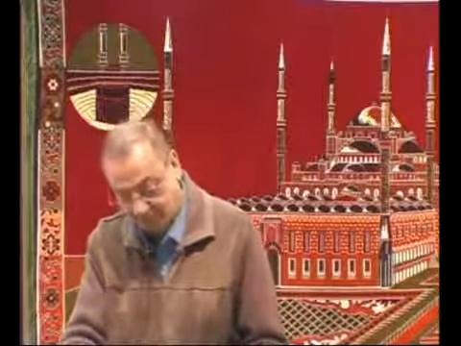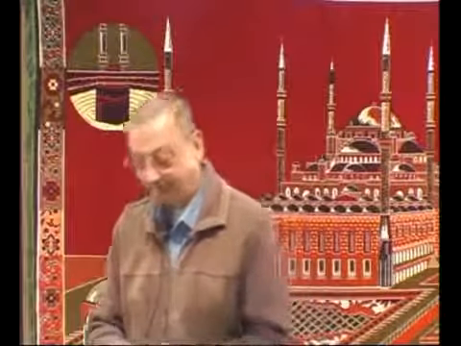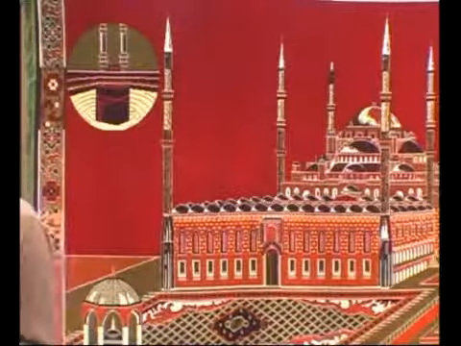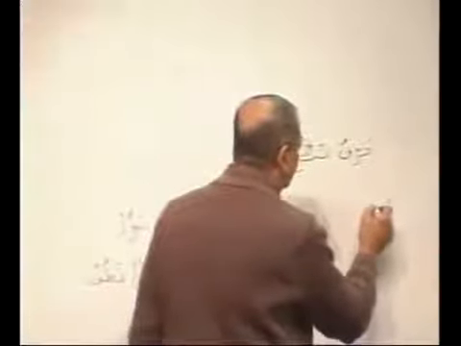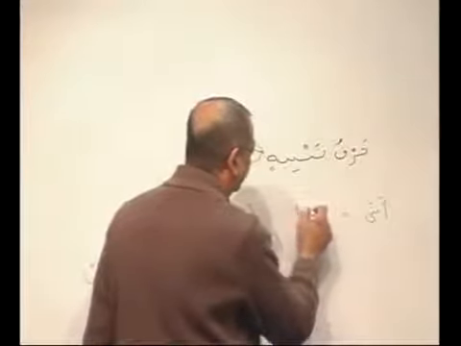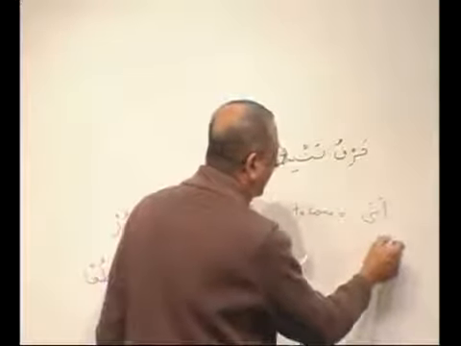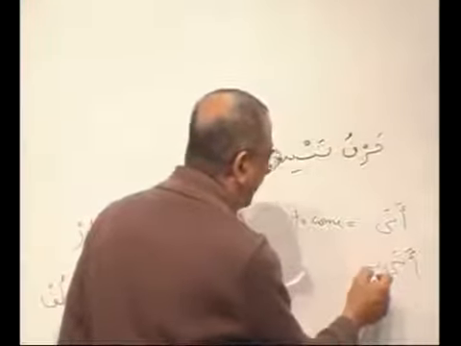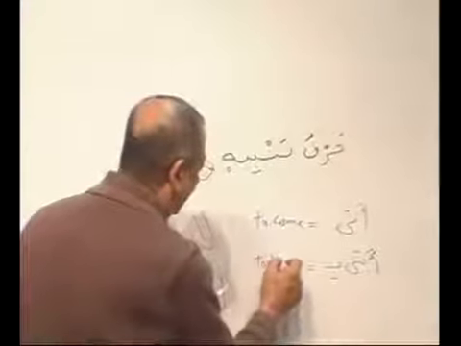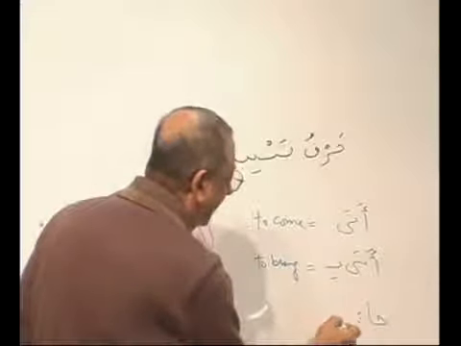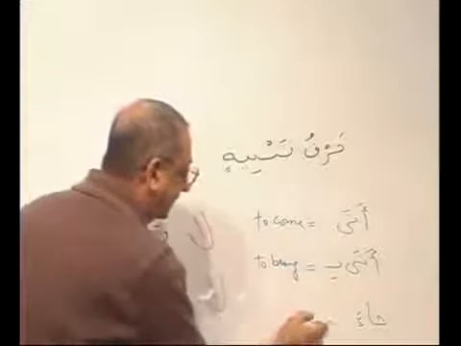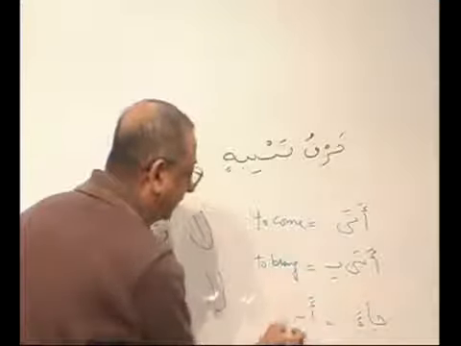Ana ma ji'tu bi. Brother and sister, ana ma ji'tu bi al-yawm, ya Ustad. Okay, I had told you something, if you remember. Again I will write, inshallah. Ata, to come. Ata bi, harf jar, to bring. Now, ja'a has the same meaning as ata, which is to come.